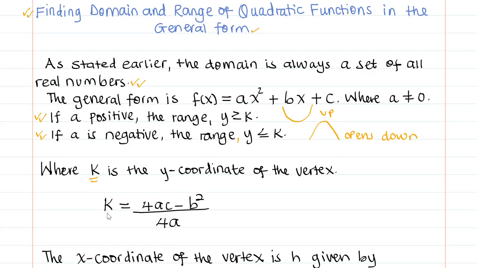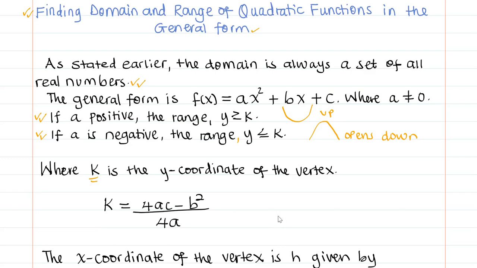And this is the formula for getting k. For you to get the y coordinate of the vertex without plotting or drawing the quadratic curve, our k is 4ac minus b squared over 4a. If you substitute the respective values here, you get the y coordinate of the vertex k straight away.